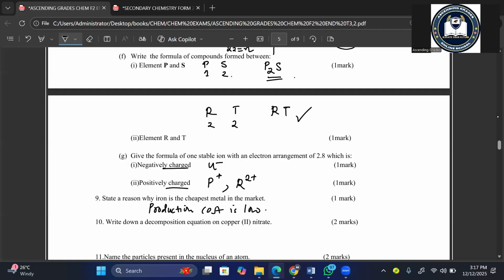So our copper 2 nitrate, under the action of heat, you get copper oxide plus nitrogen 4 oxide plus oxygen gas.